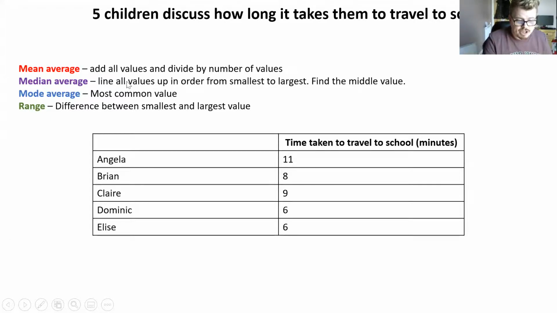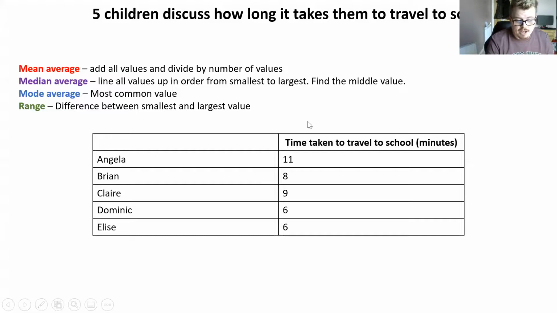The median average, what we need to do is line up all of the data that we have and find the data that's right in the middle. The mode average refers to the most common data, the most common answer that you're given. And the range is the difference between the smallest piece of data and the largest piece of data. To make it clearer, let's look at some examples.